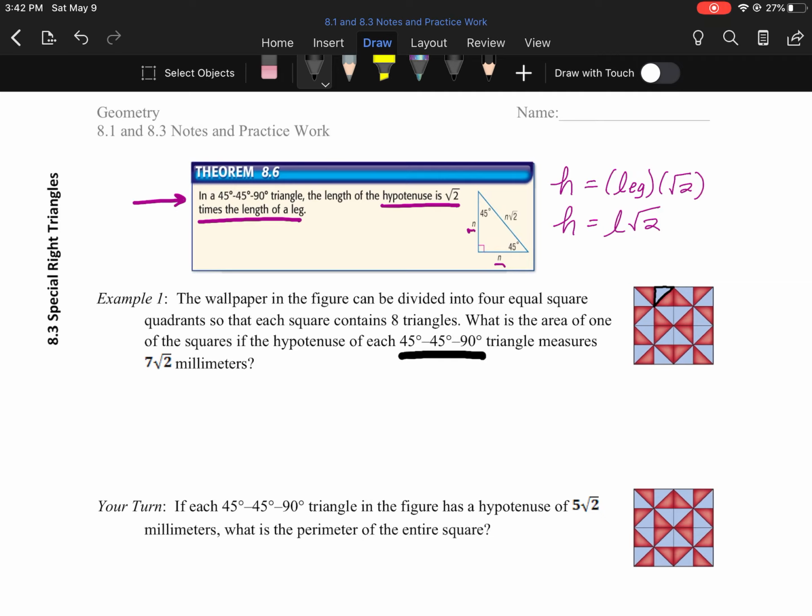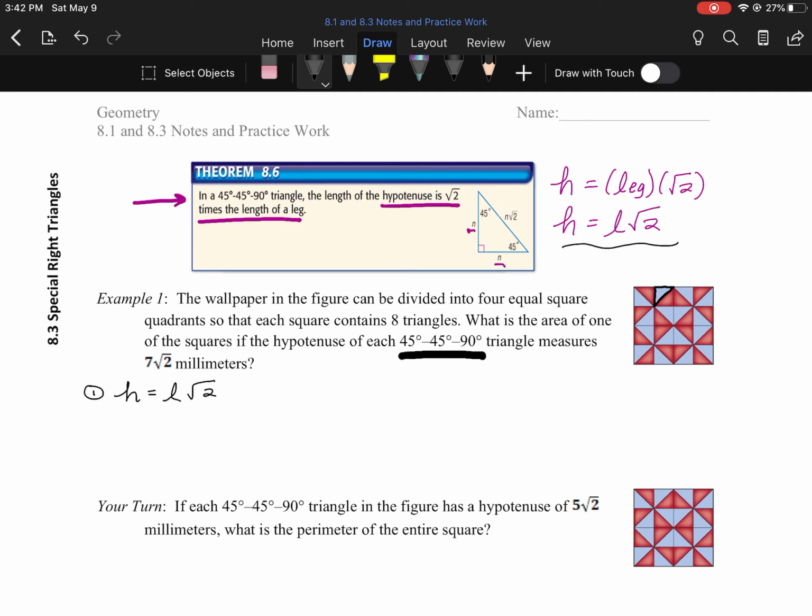So first things first, because like I said, this is going to be a several step problem, they told us the hypotenuse. So we know from this little theorem up here that the hypotenuse is equal to the leg times the square root of 2. So let's go about finding the length of this leg.